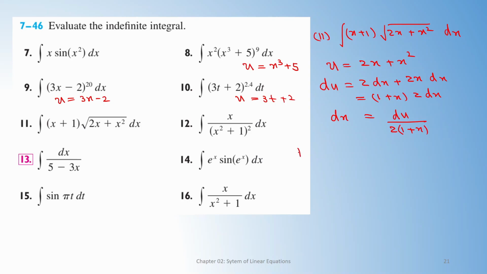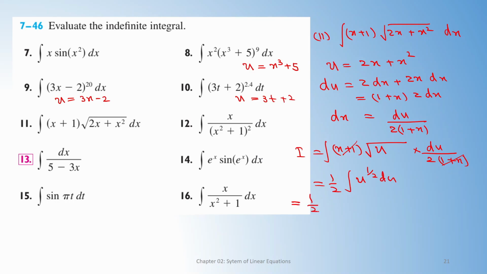Then the integration of x plus 1 times the square root of 2x plus x squared: the root is u, dx is du over 2 times 1 plus x. So x plus 1 is cancelled. So you have half of the integral of u to the half du.